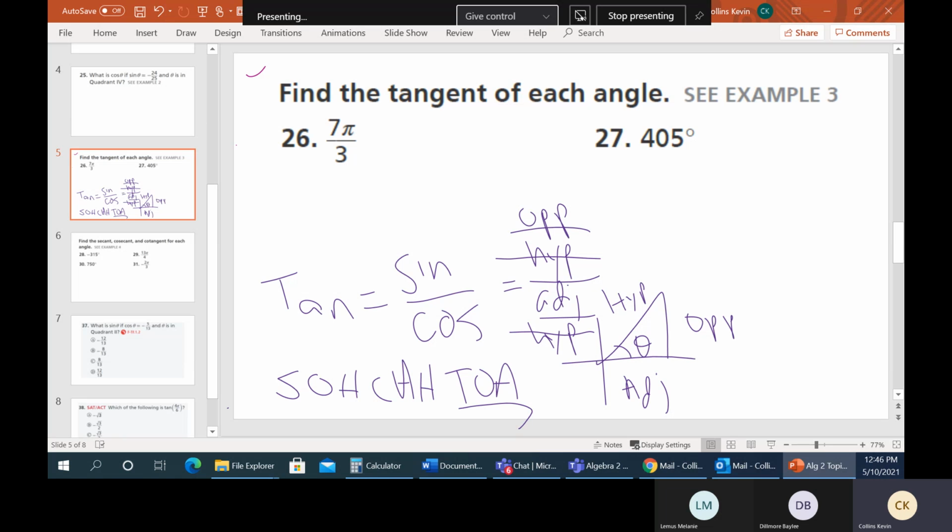Okay. The reason that they're going to cancel out is, remember, when you divide a fraction by a fraction, this is really opposite over hypotenuse divided by adjacent over hypotenuse. Now, when you divide a fraction, you flip the second guy and multiply.